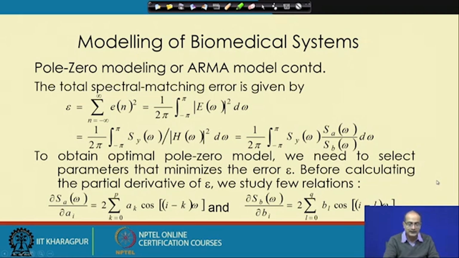If we take the partial derivative of the spectrum of the filter A(z), that is S_A of omega at mod z equal to 1, we get it in terms of the autoregression coefficients a_k and some cosine term.